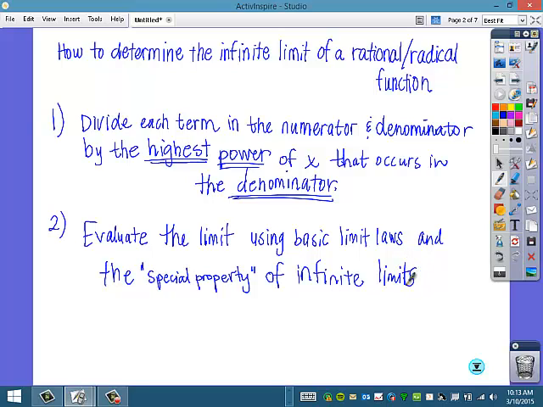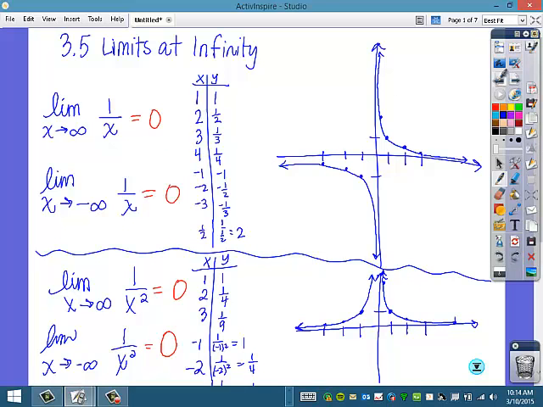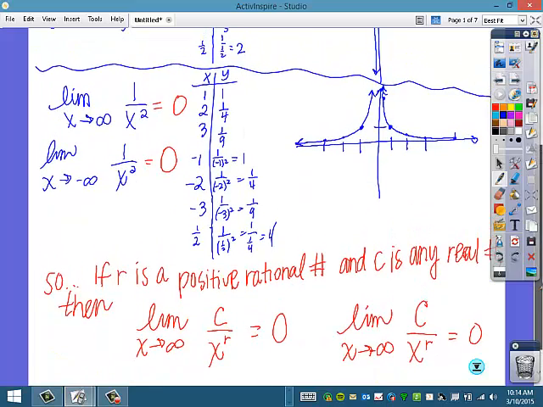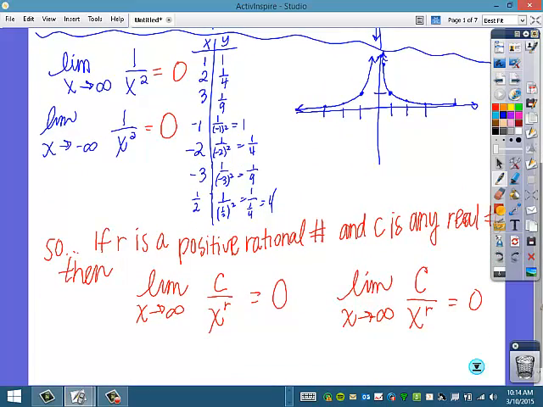So we're going to divide everything in the numerator and the denominator by whatever the highest power of x is that's in our denominator. And then, once we do that, we can use our normal limit laws and that special rule that we just learned about: when x approaches infinity or negative infinity, when you have c over x to the r, it's always going to be 0.